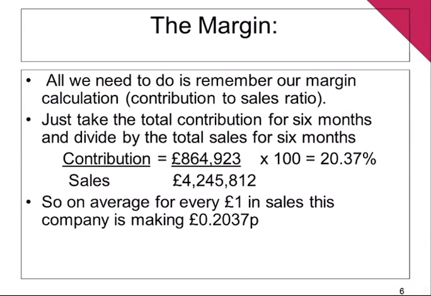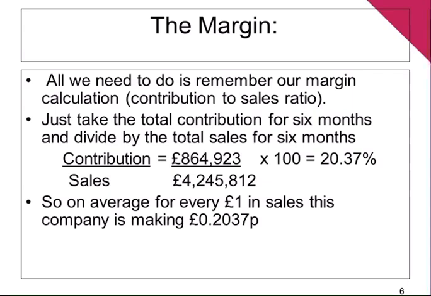Okay, first thing to do is pick up on the margin, otherwise known as the contribution to sales ratio, and all that you do is take the current 6 months figures. You take the total contribution of 864,923 divided by the sales. Once you've got that calculation, for completeness you can leave it in your calculator, or you can times it by 100, which will give you the percentage.